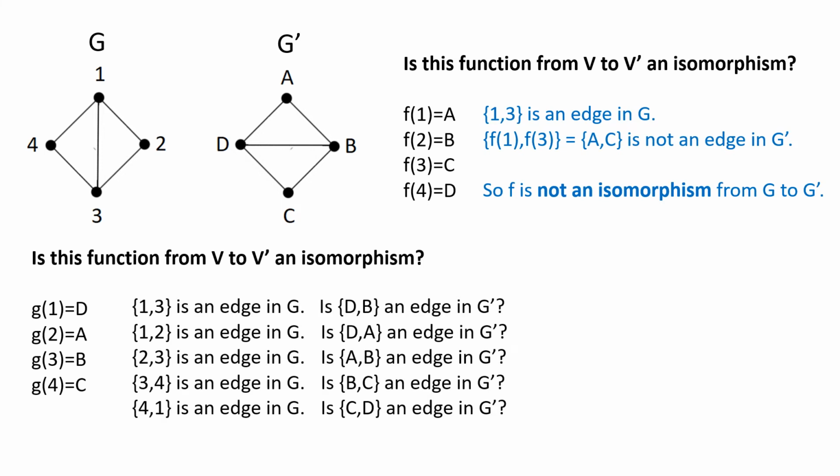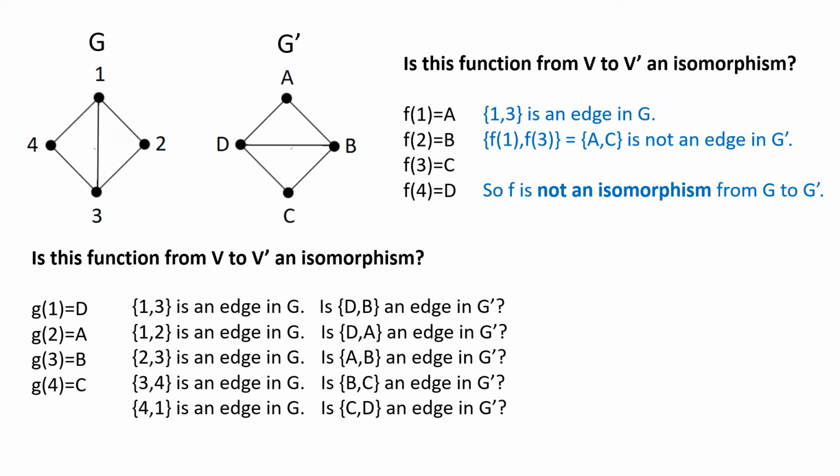How about this function here? We're going to call this function G, and we have this correspondence where 1 corresponds to D, 2 corresponds to A, 3 to B, 4 to C. Well, we would just again have to go through all of these different edges and check. If it's in G, then there needs to be a corresponding edge in G prime.